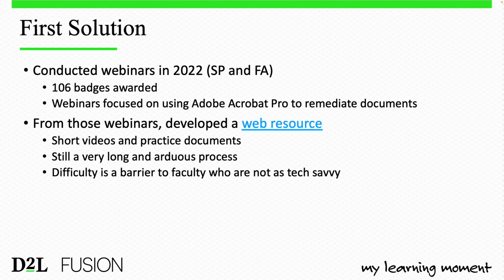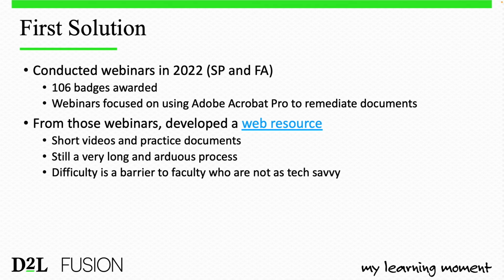It breaks the process of making a PDF accessible using Adobe down into steps, usually 4 to 8 minute videos, and each video has a practice document so you can work along with the video. That said, we discovered that even with that resource, it's still a very long and arduous process.